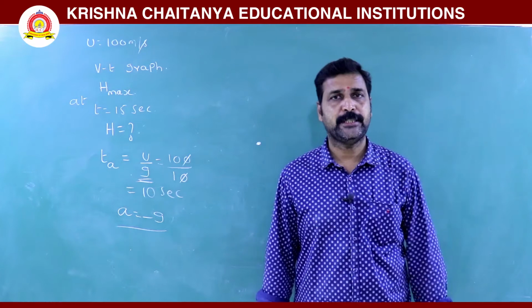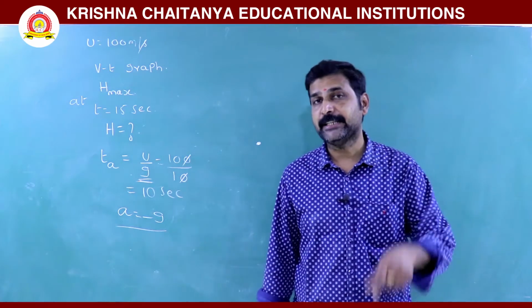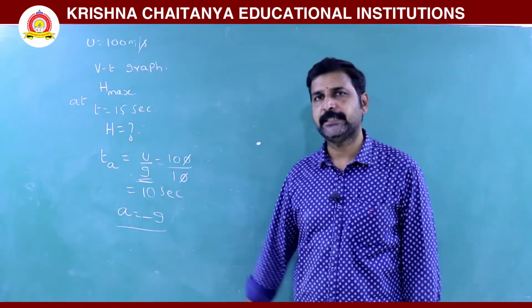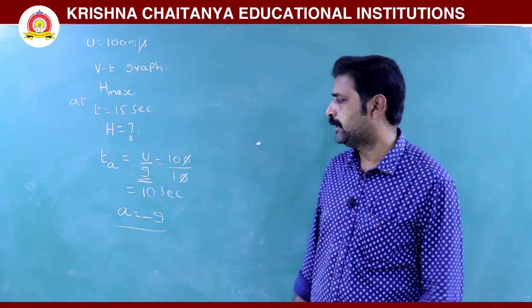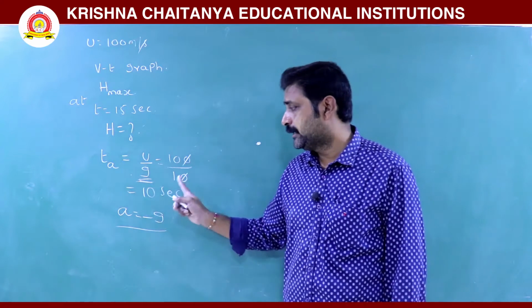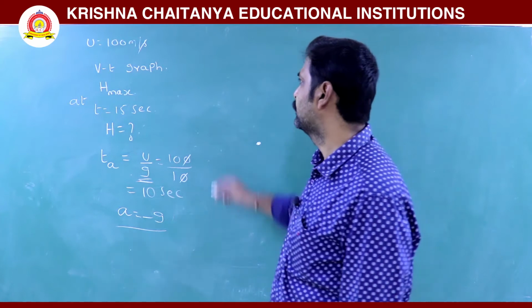When it is dropped vertically downwards, the direction reverses, that's why it is negative. So in both cases, acceleration is negative and constant. Now you are asked to find the velocity time graph.